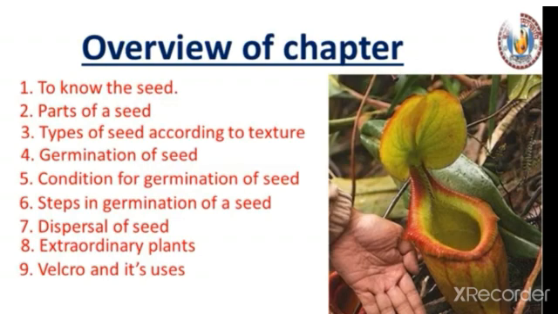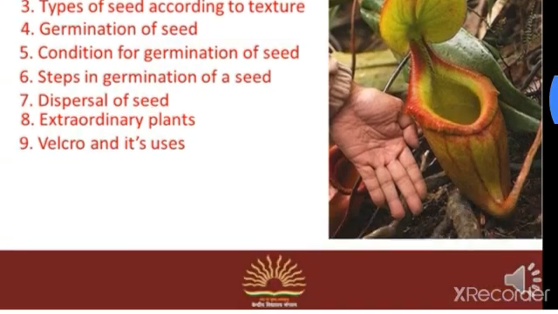You already know about the seed, and now we will talk about the parts of a seed, types of seed according to texture, germination of seed, conditions for germination of seed, steps in germination of a seed, dispersal of seed, as well as extraordinary plants. And we will talk about Velcro and its uses also.